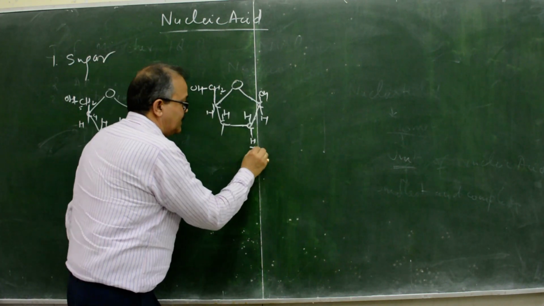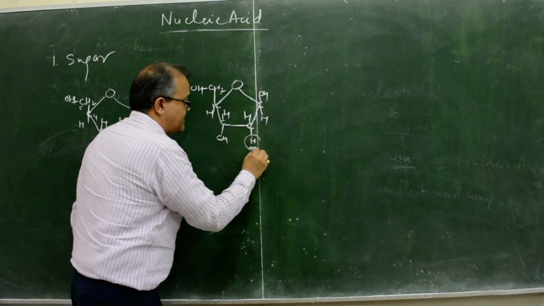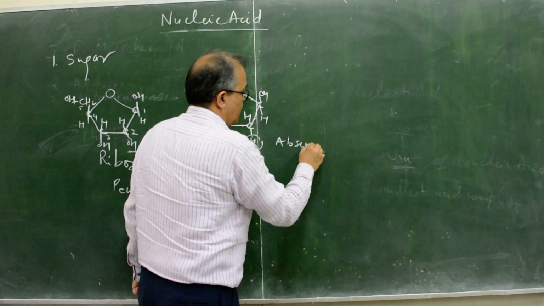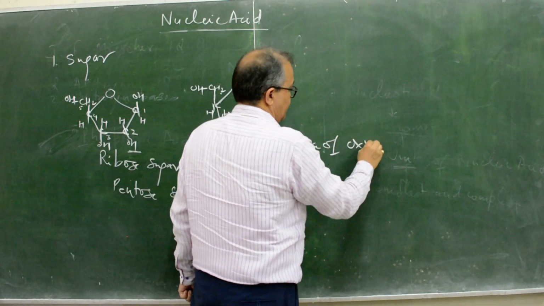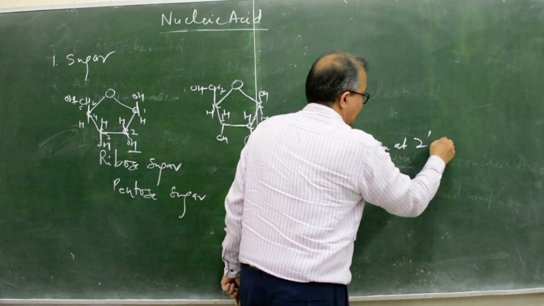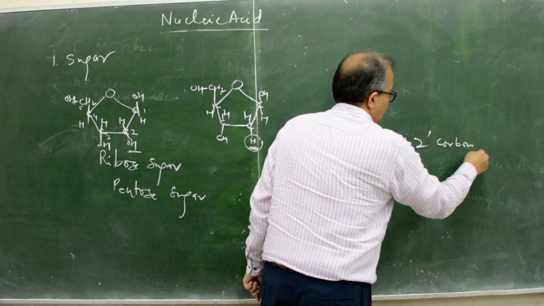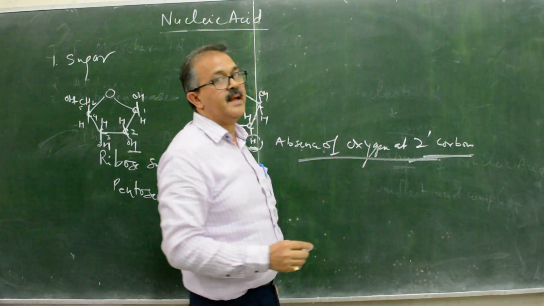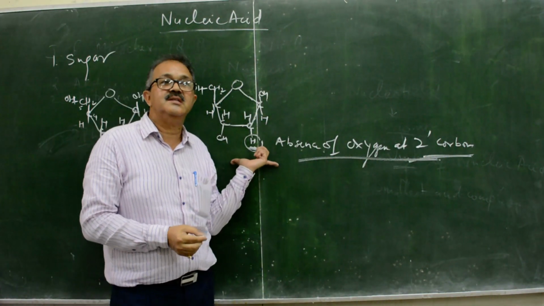There is absence of oxygen at the second carbon position. Ribose sugar with the oxygen absent at the second carbon position is known as deoxyribose sugar.